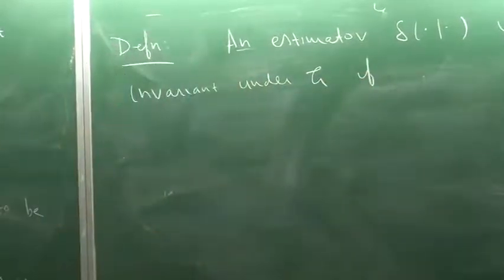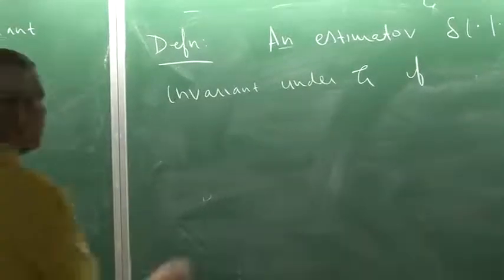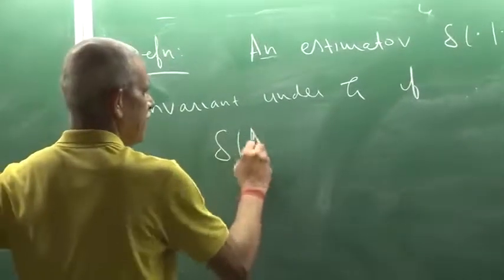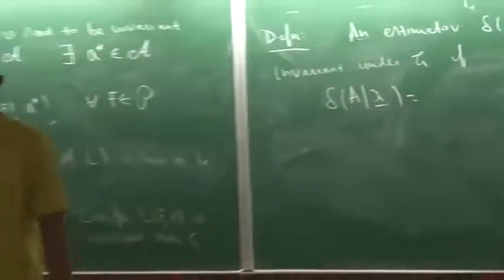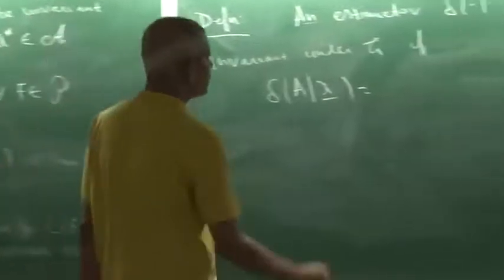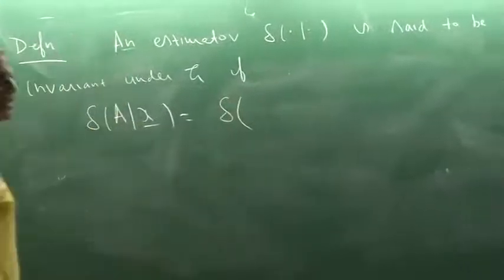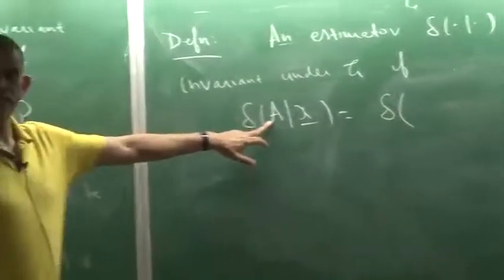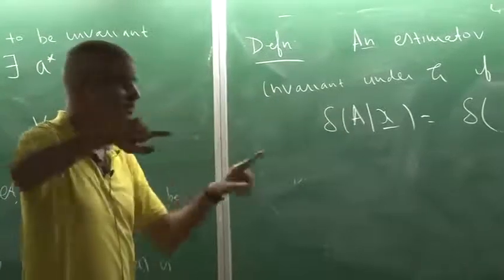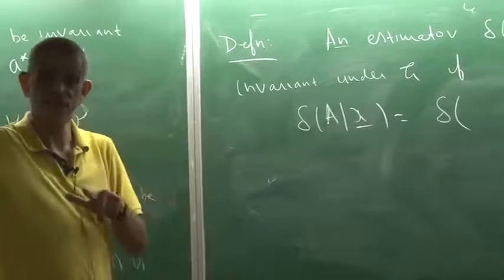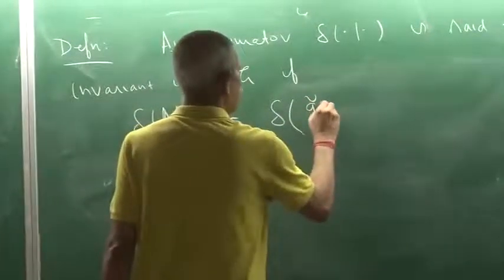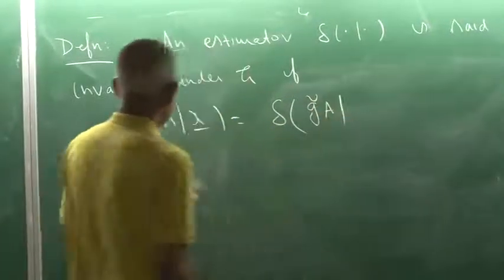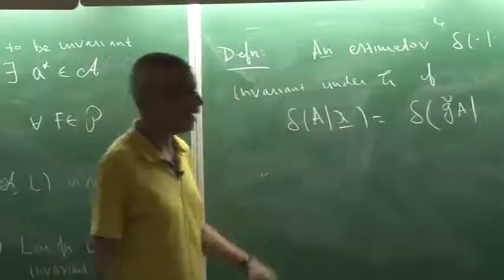if delta of taking an action in set A under the first problem, when I am observing x, should be the same as the probability of taking an action in the corresponding set in the second problem. The action in the first problem corresponds to g tilde, so this is the same as g tilde A, and the observation in the second problem has become gx.